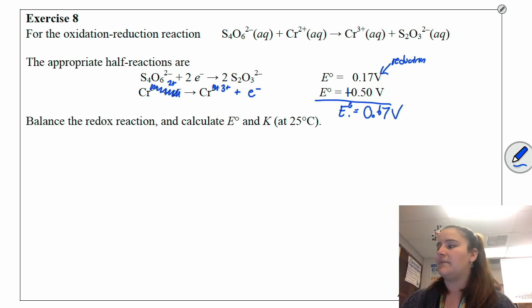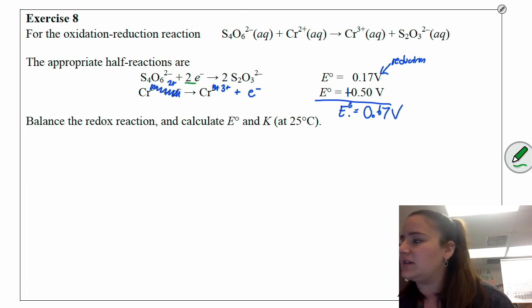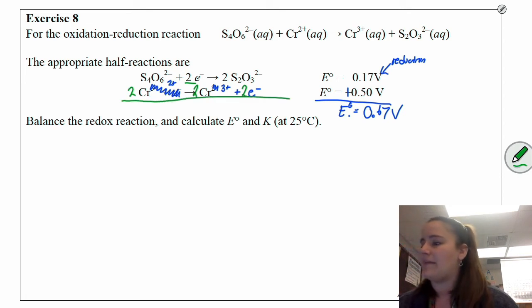Okay, now we have to add up the reactions in order to balance it. We've got 2 electrons here, so we're going to have to multiply this one by 2 in order to add them up. I'm going to add them up just below it so that it's easier to see.